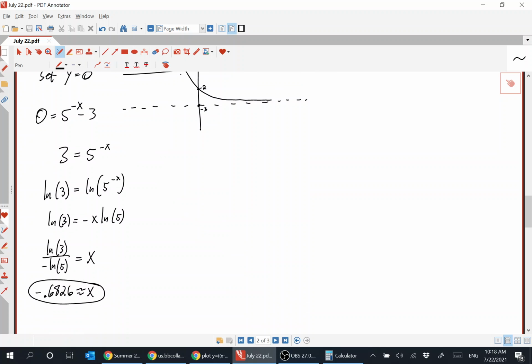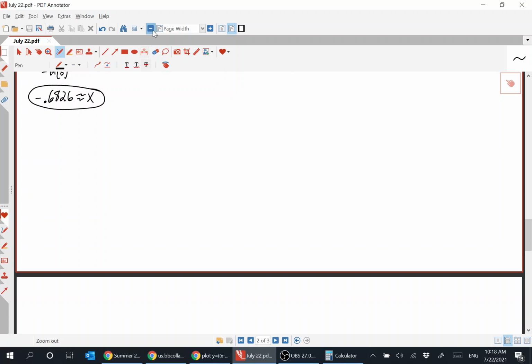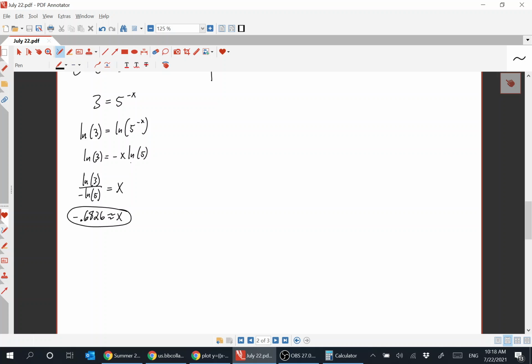Okay, so that's the graph of such a thing. And then, of course, we talked about various modeling situations in which they use exponential functions. The most quintessential example is this compounded interest situation.